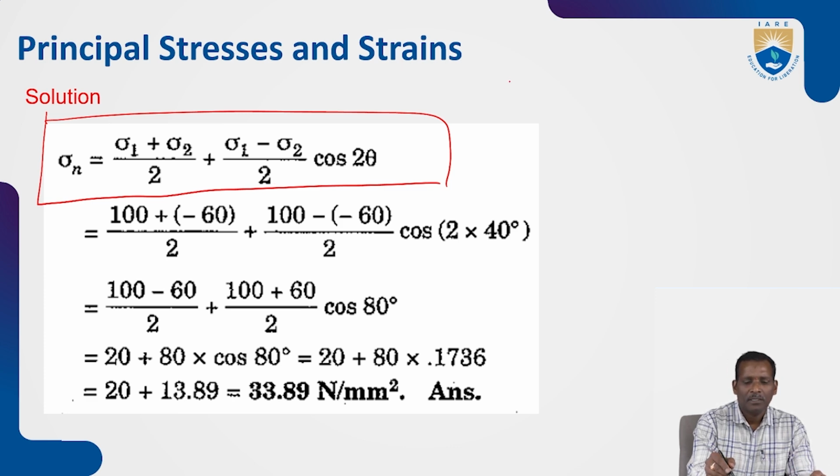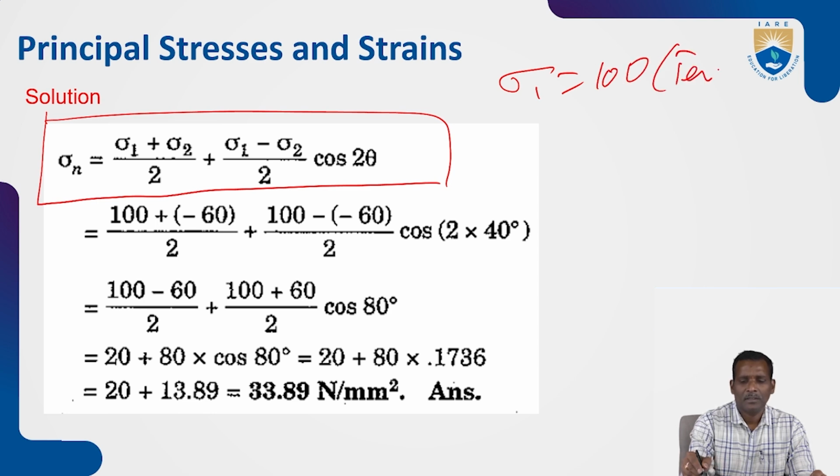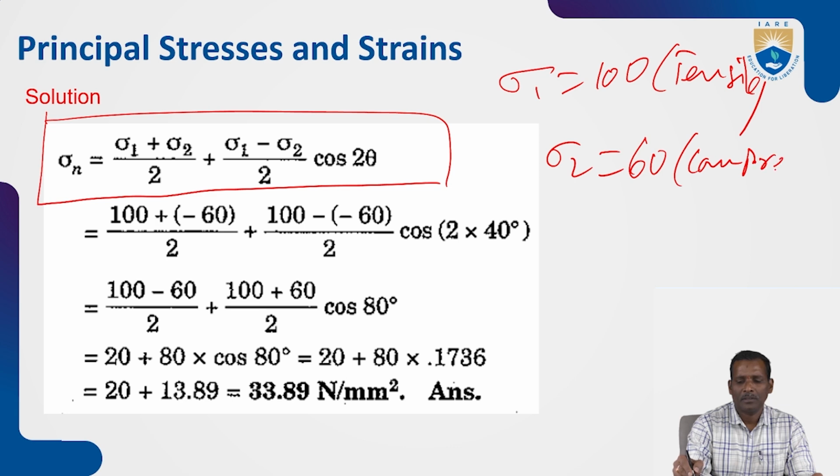Already given, sigma 1 is 100 tensile in nature and sigma 2 is 60, that is compressive, so that's why use negative sign.